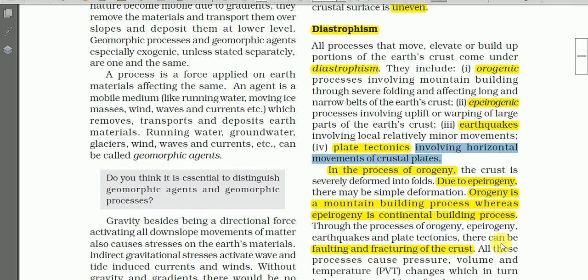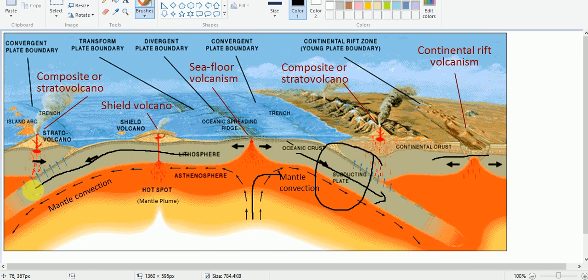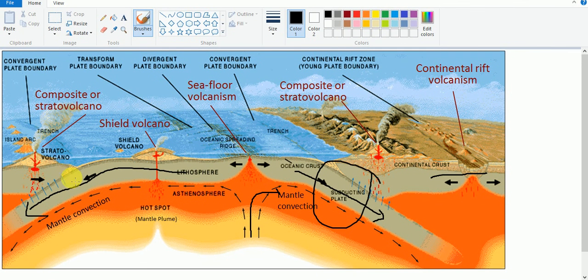This diagram shows the movement of the plates, and here, because of the convection current, this plate is moving towards this side and pushing beneath the continental crust. This is what we call a subduction zone. And here also this plate is moving towards this side, pushing beneath the continental crust.